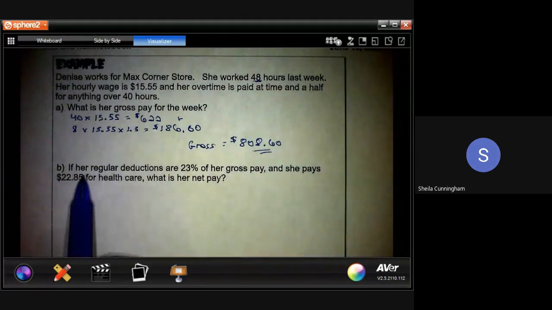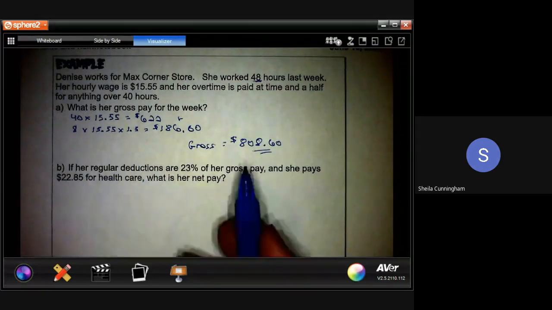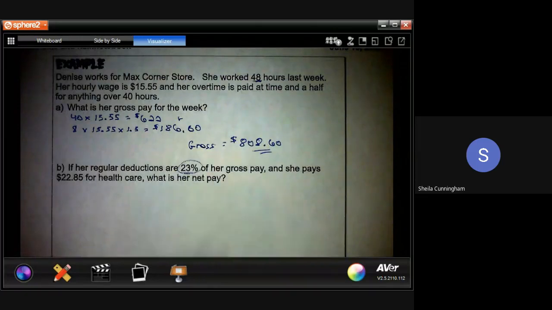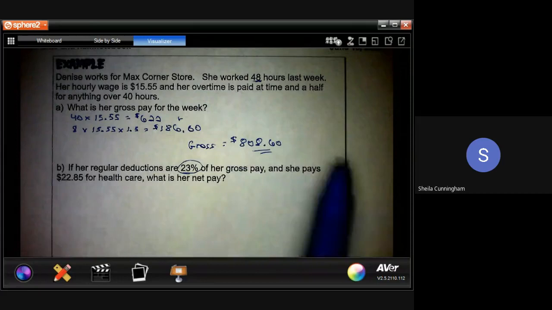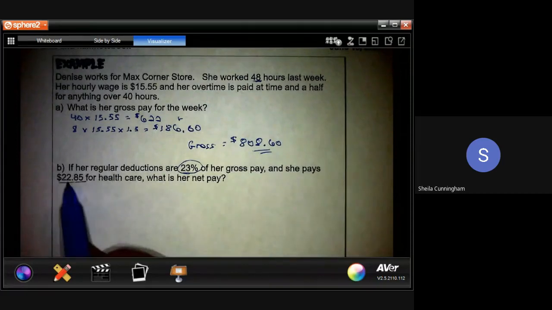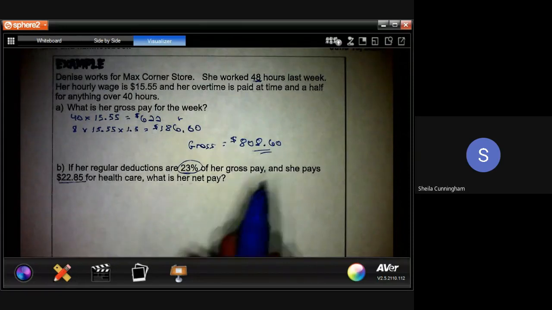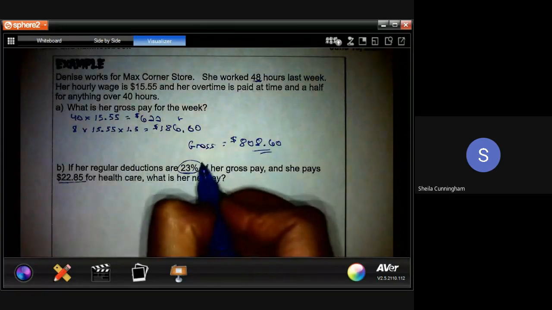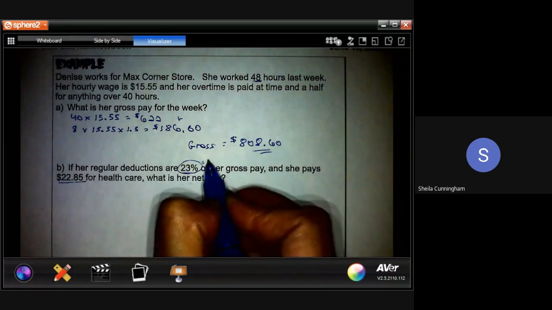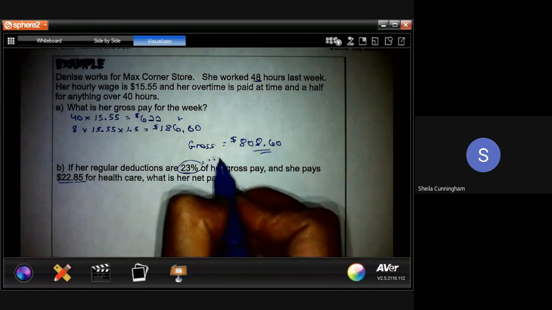So in the next question, it says if her regular deductions are 23% of her gross pay, that's a high percentage, and she pays $22.85 for healthcare, what is her net pay? So now we want to know what is she actually walking home with. So in this case, that percentage again, let's divide it by 100, which is going to give me 0.23.